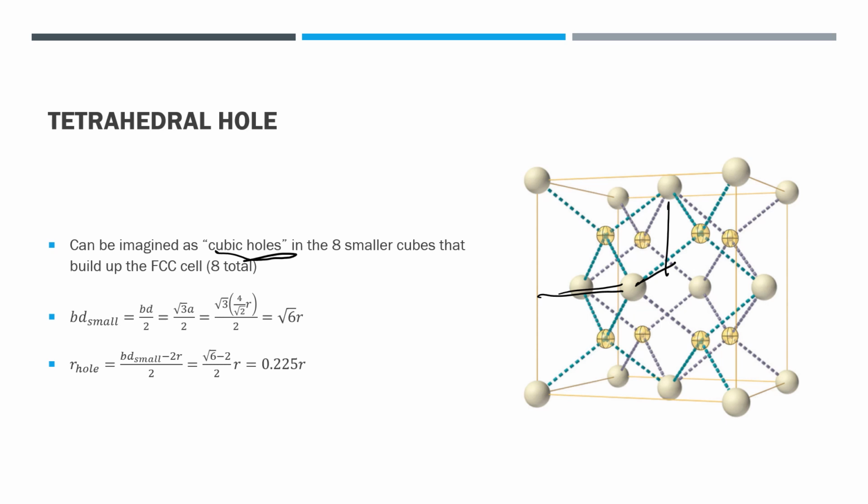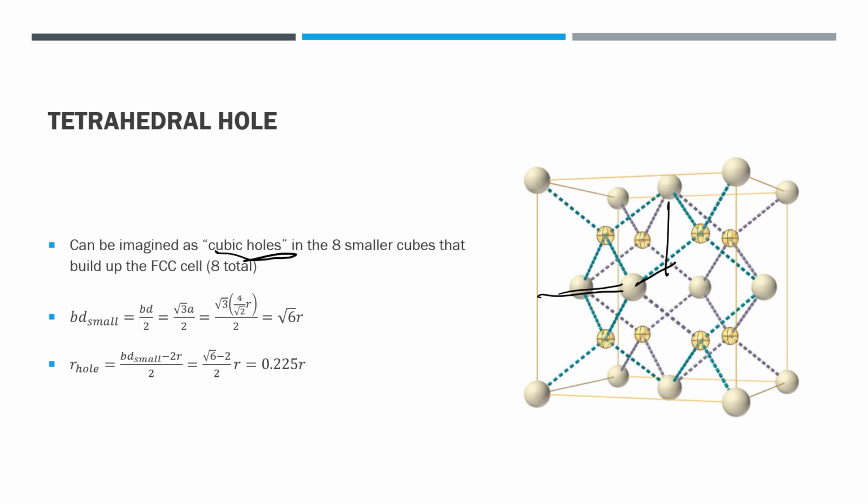So that's a lot of words, but essentially what you're looking at is a cubic hole in the 8 smaller cubes. Essentially we're going to do the same math that we did with the cubic holes, but with everything scaled down because we're looking at a smaller cube, 1/8 of the entire cube, right? So we're going to look at the body diagonal for the small cube.